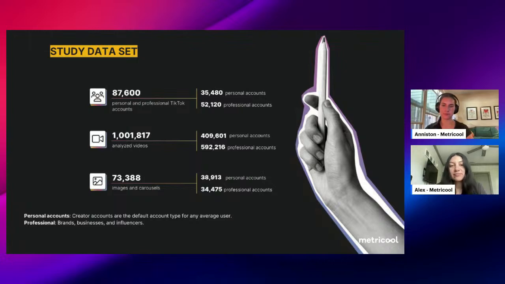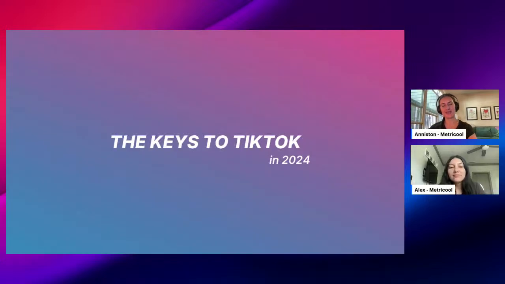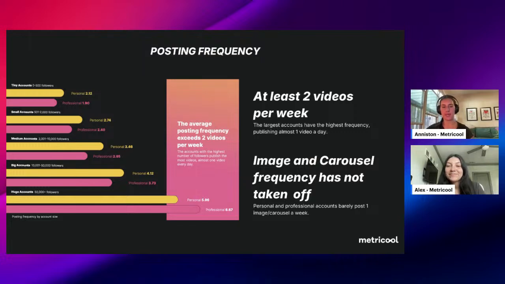All right. So the keys to TikTok in 2024. One of the main data points that we analyzed was posting frequency, and we found that the average posting frequency across all account sizes was at least 2 videos per week. In our report, we divided accounts by follower numbers.